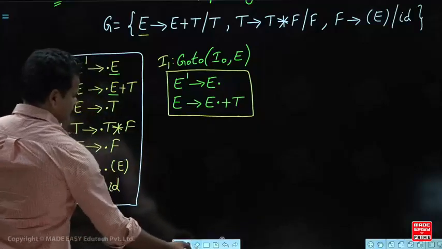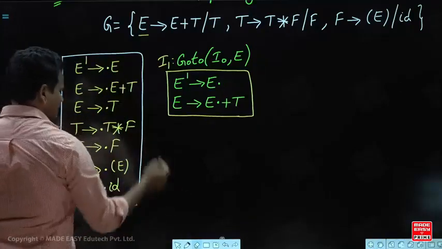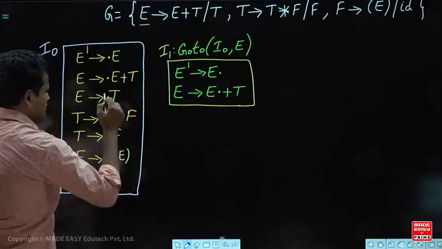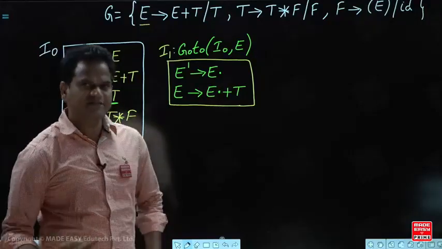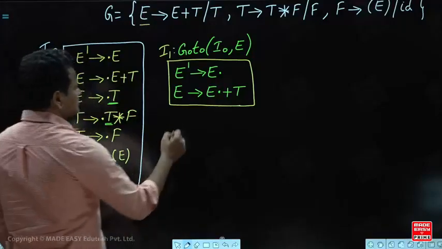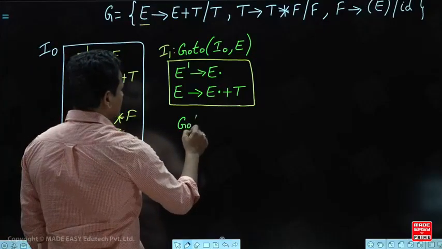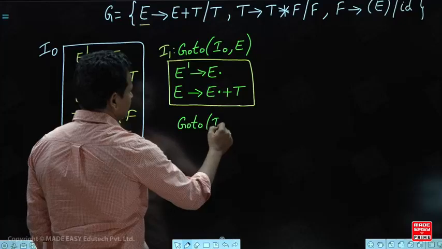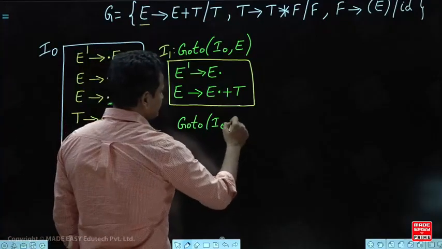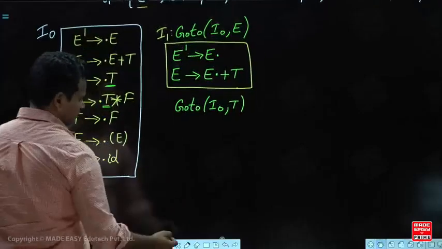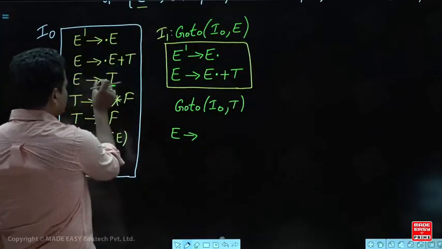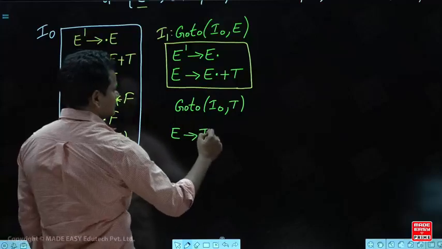The first part is done for this E. Now look at this, guys. This is T and this is also T. If the same shift symbol is present multiple times, yes, this one and this one, then I am writing goto of I0 comma T. So what will this be? E → T. For this, just move the dot.